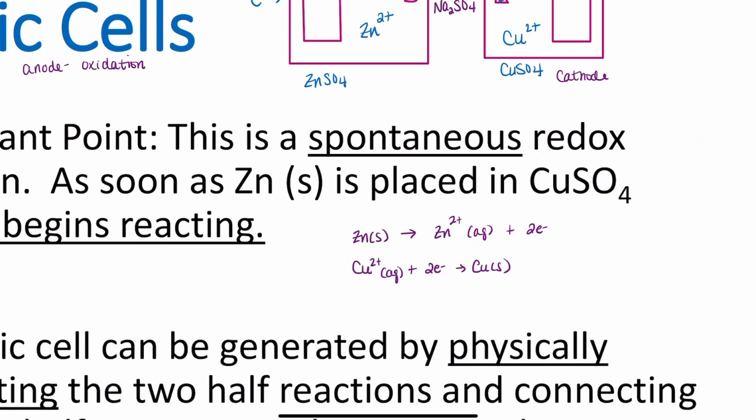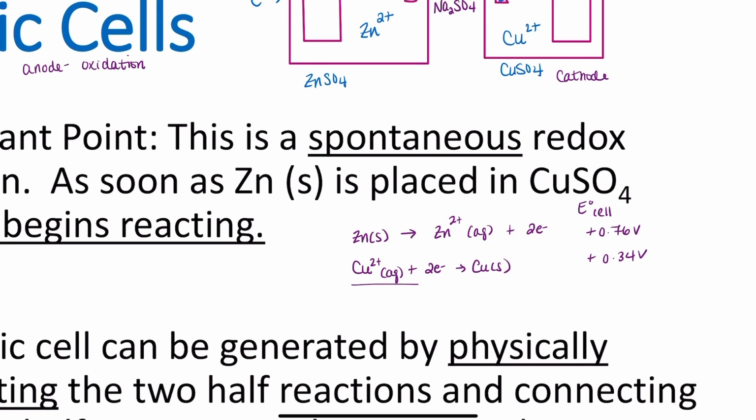And I can look up what we call the cell potential for each reaction. The standard cell potential for zinc solid going to zinc 2 plus and 2 electrons is positive 0.76 volts. The cell potential for copper 2 plus gaining 2 electrons forming copper solid is positive 0.34 volts.